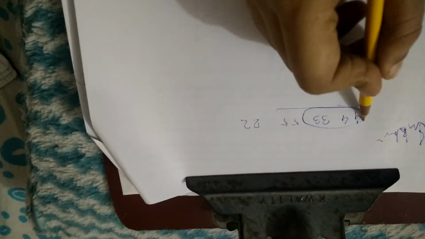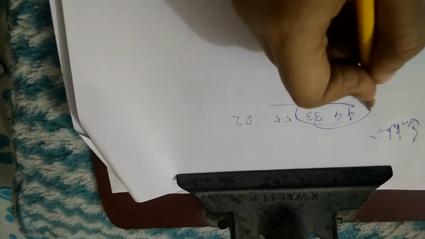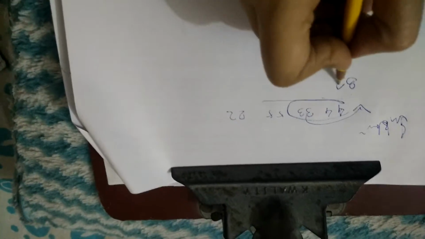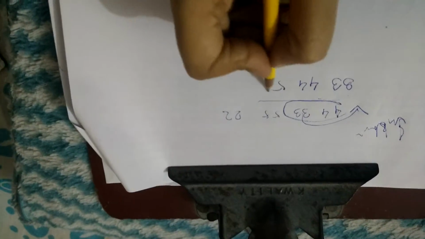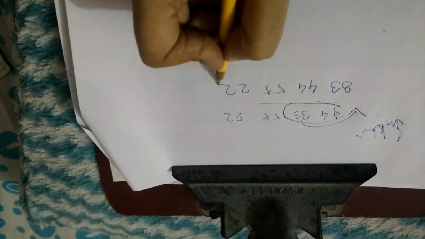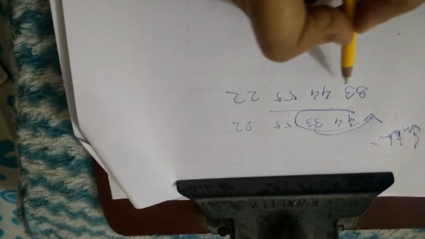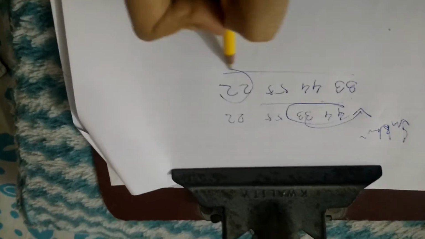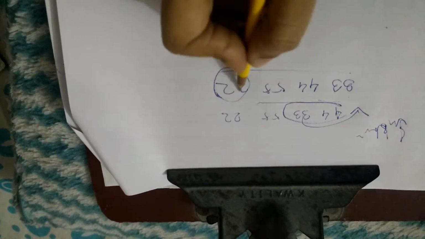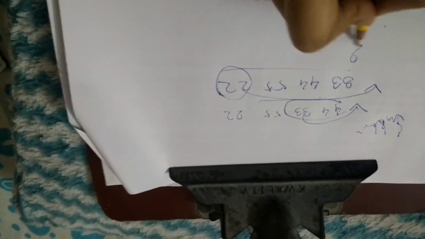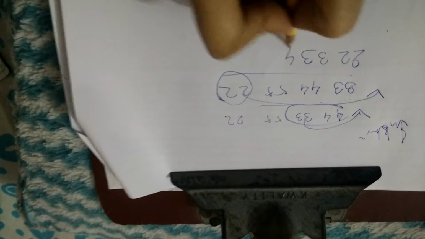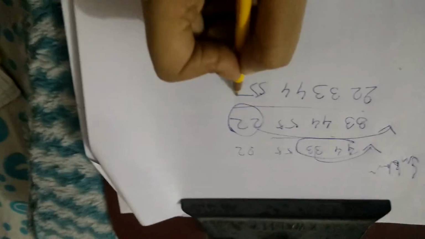For example, it will insert 33 at the beginning of the list. Then it will see that there is a 22 which is lesser, so it will insert 22 at the beginning of the array. So this is how insertion sort will work.